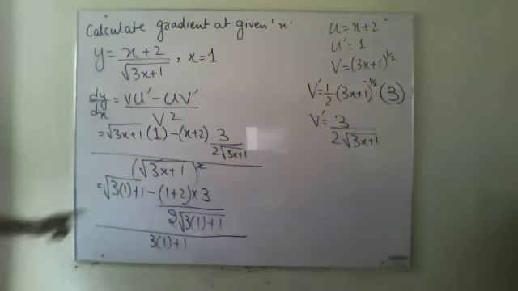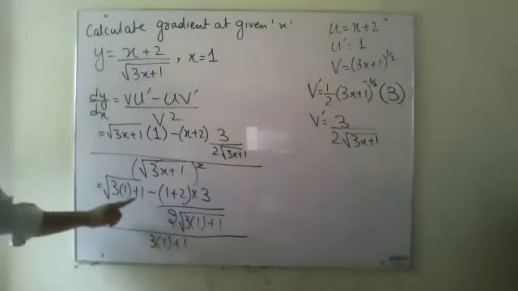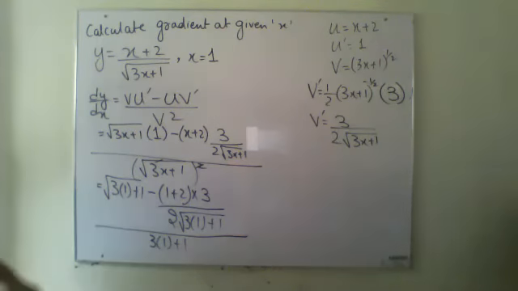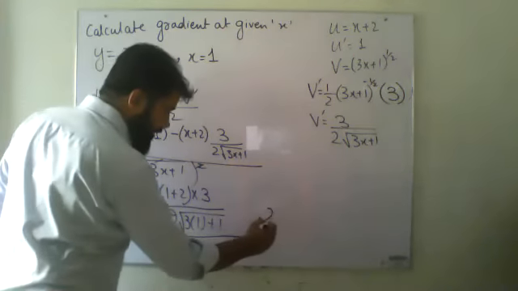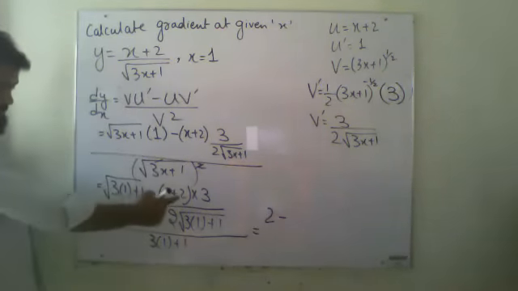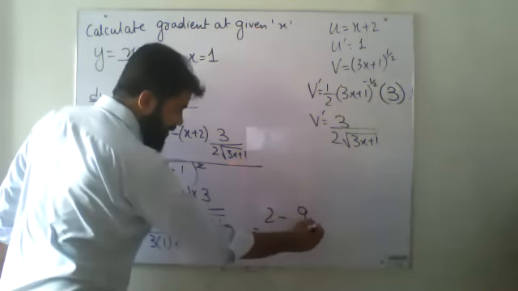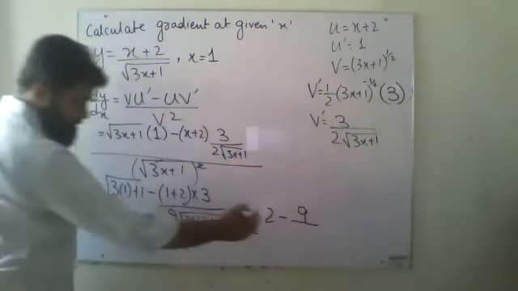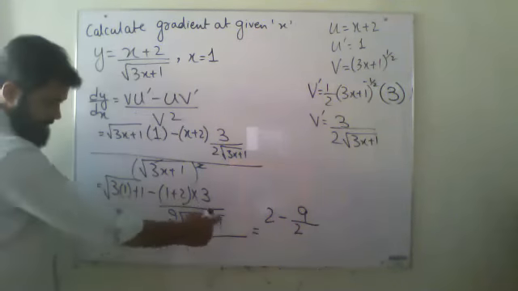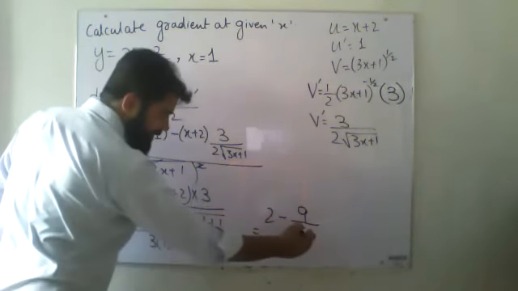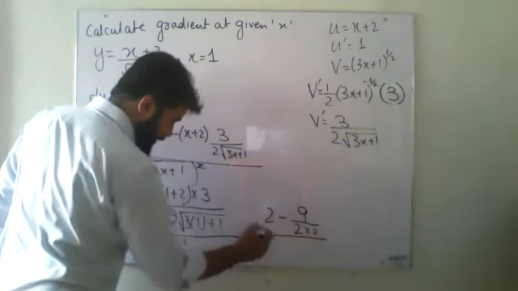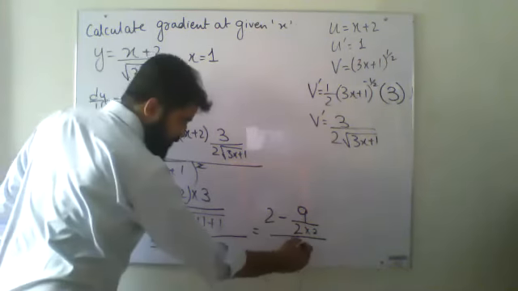Okay, so now 3 1s are 3 plus 1, 4, root 4 will be 2. Minus 2 1s are 2, into 3 will be 9 over 2, and when I simplify this thing, it will again be 2 over 4.